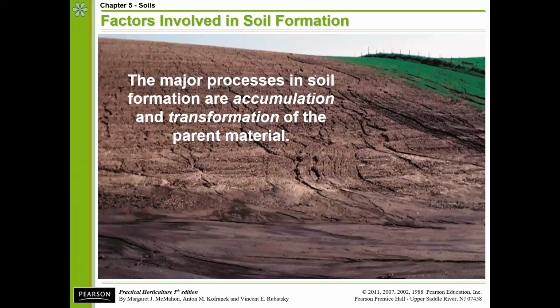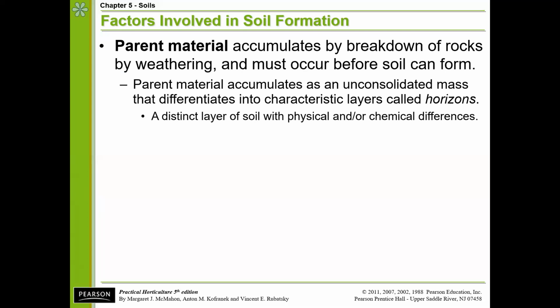So parent material accumulates from this breakdown of rocks by weathering, and in this process of weathering, the interaction of the climate and the topography over time, it develops slowly into these different zones called horizons.